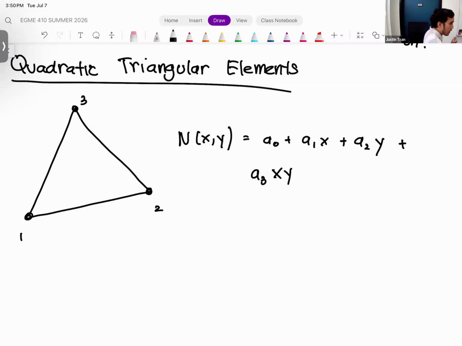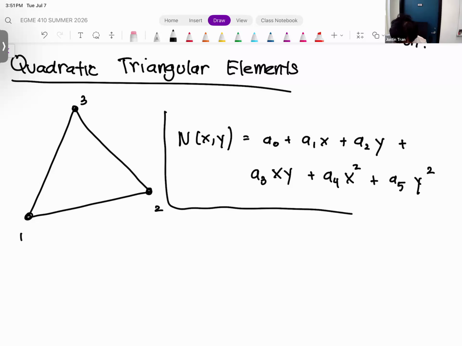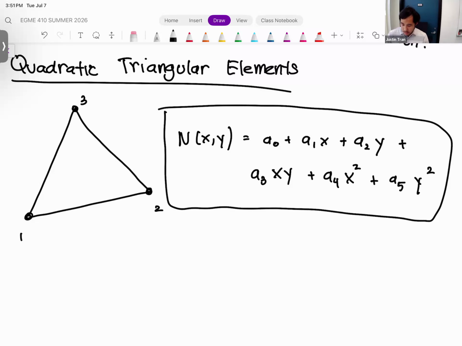Anything that depends on both x and y, we can capture with our quadratic triangle. And we're going to add the quadratic terms in x and y: A4x squared and A5y squared. So that's our shape function for the quadratic triangle.